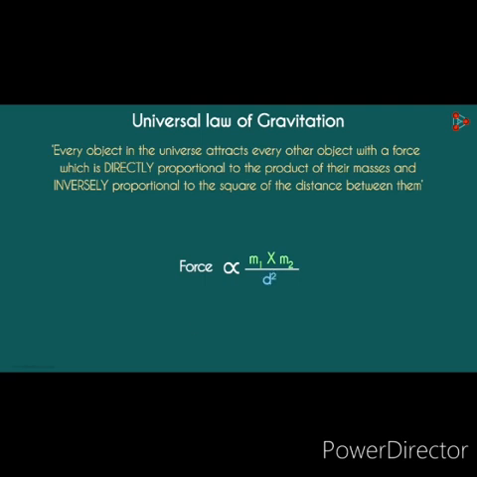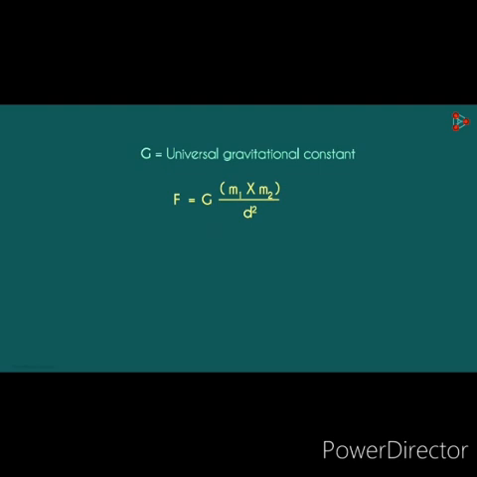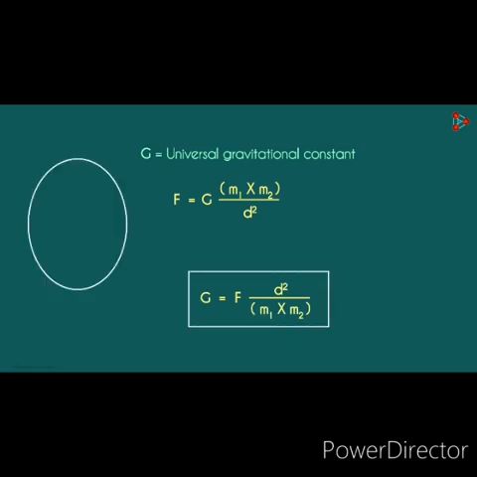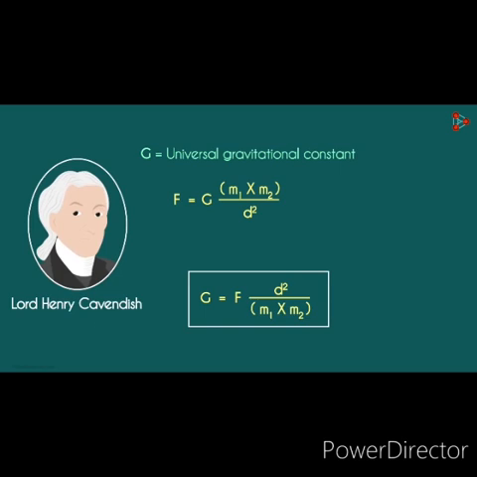This can be written as F = G m1 m2 / d². G here is the constant of proportionality and is called the universal gravitational constant. The equation can be modified and written as G = F d² / (m1 m2). The value of G was found out by Lord Henry Cavendish using a torsion balance.